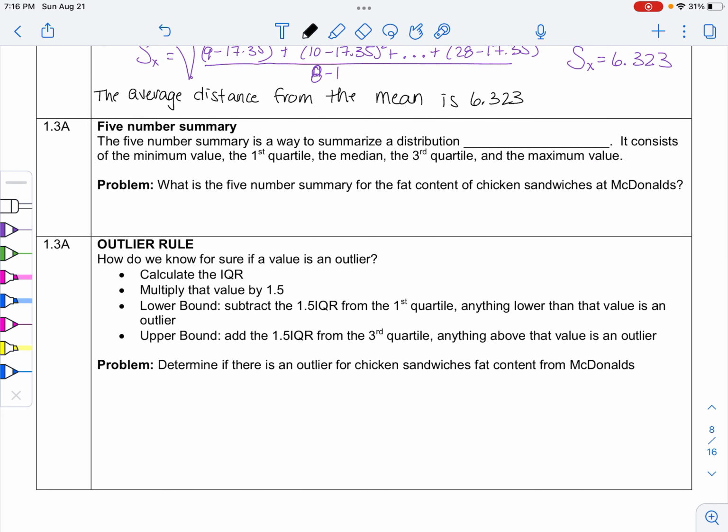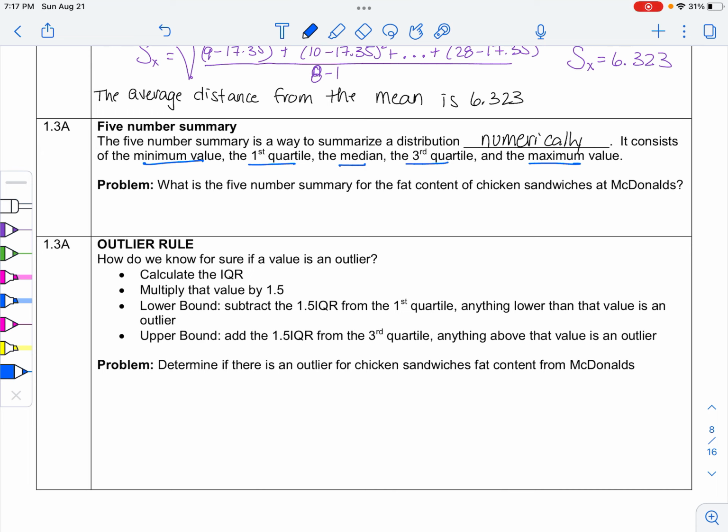So we call our 5-number summary. This will be important for us when we start to do box plots. This 5-number summary is a way to summarize a distribution numerically. It consists of the minimum, the Q1, the median, the Q3, and the max.